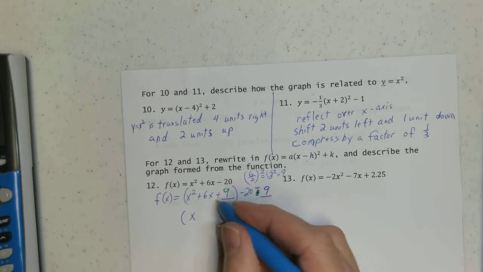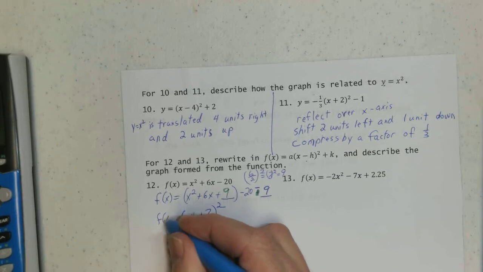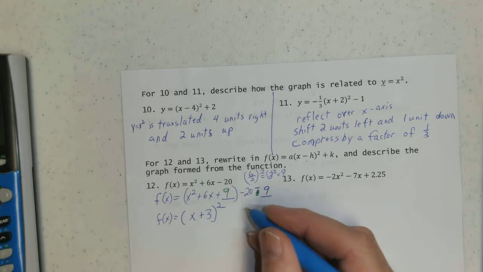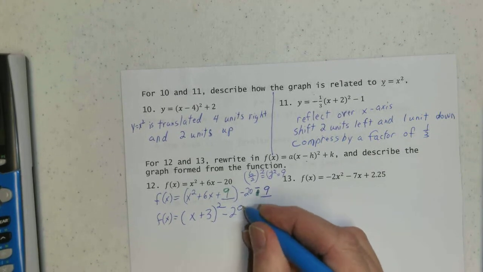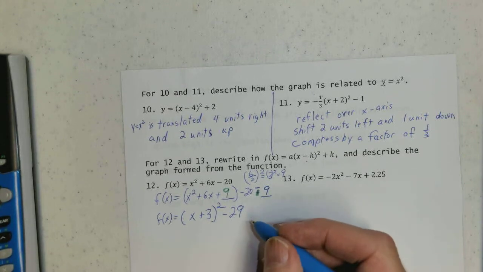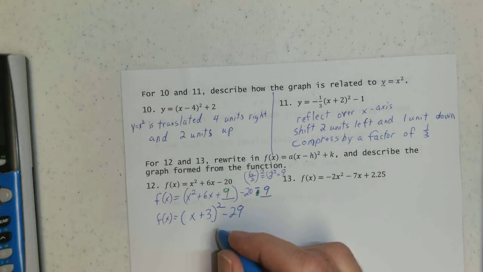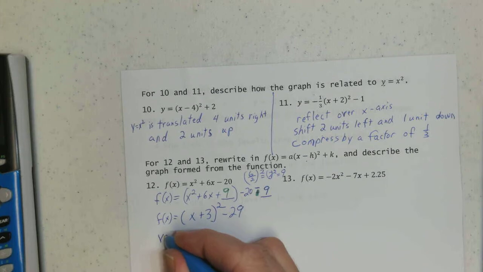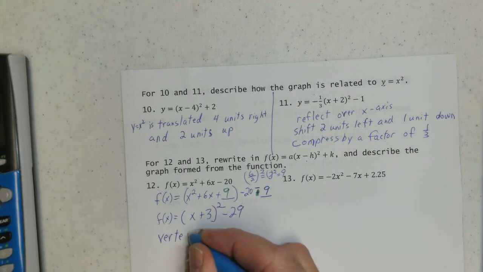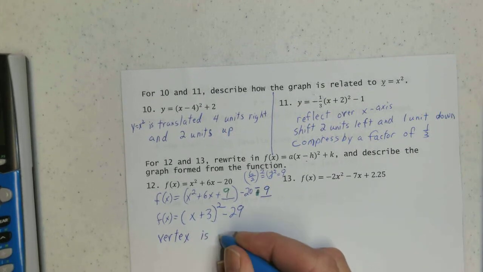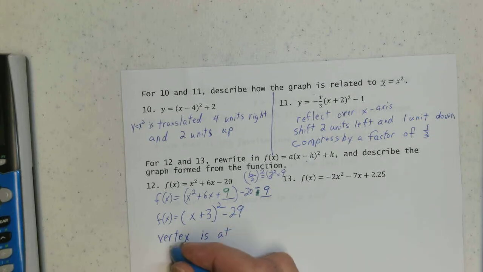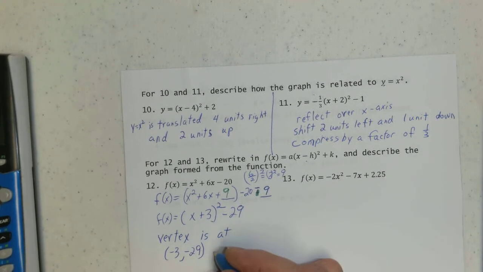This is x plus 3 squared minus 29. Okay. The vertex is at negative 3, negative 29, and it opens up.